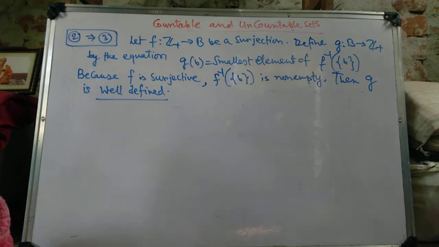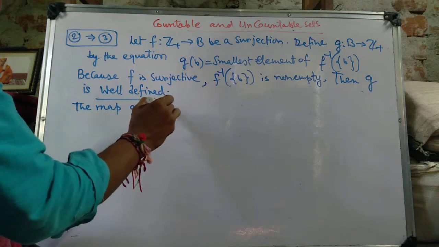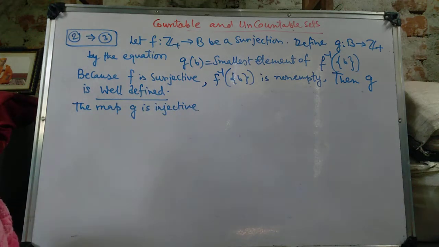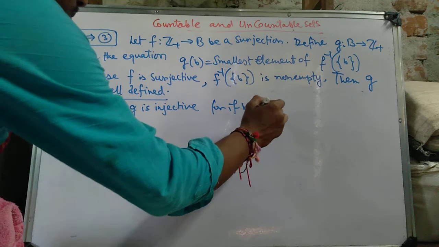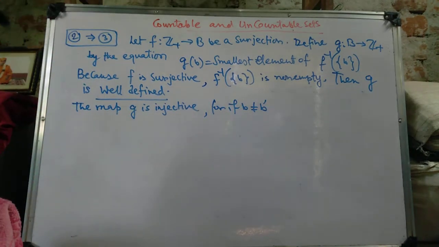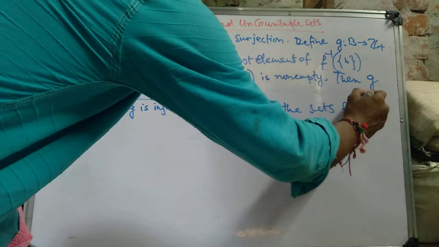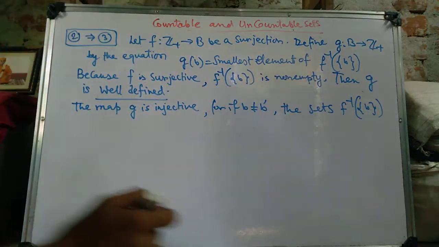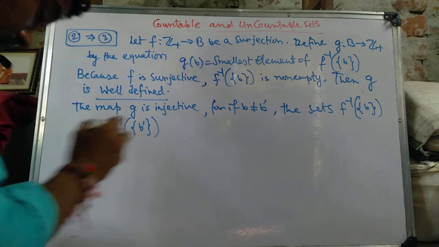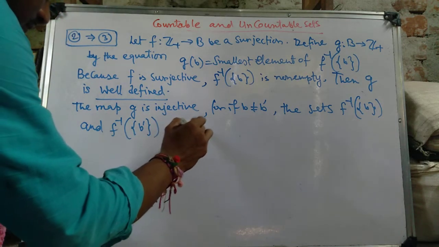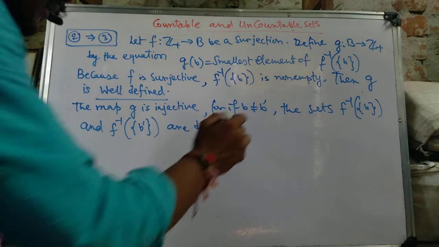The map g is injective, for if b is not equal to b dash, the sets f inverse of b and f inverse of b dash are disjoint. So their smallest elements are different.